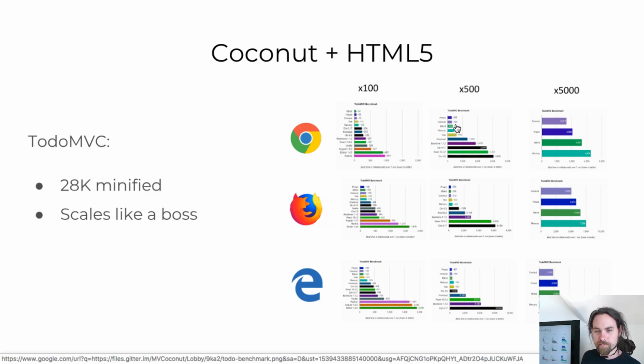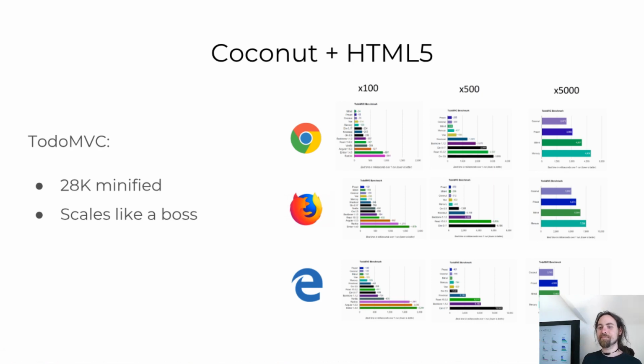This is 500 items, so here you see on Chrome Preact is still a bit faster than Coconut, and then with 5,000 items, well, you don't actually see that, but I happen to know Coconut is, I don't know, let's say 15% faster than Preact, and React would be off the charts, somewhere here. So starting at 500 is the last one where I actually put it, and this is just the fastest one. And yeah, depending on browsers, you get different results.